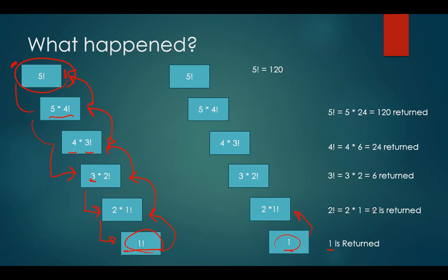Now we have a value of 2. To get to this recursive call, we had 3, so 2 is returned here, and now we have 3 times 2. And we just keep doing that, all the way until we return 120. 120 is 5 factorial.